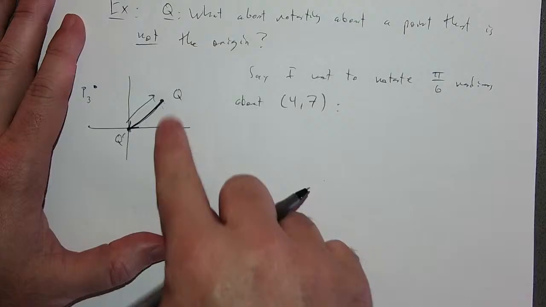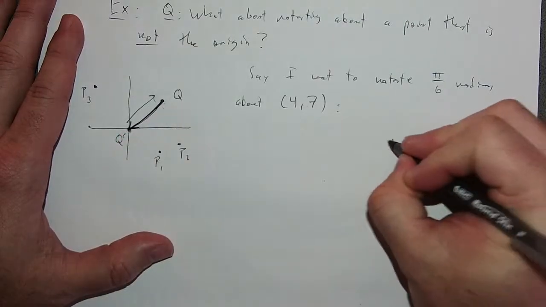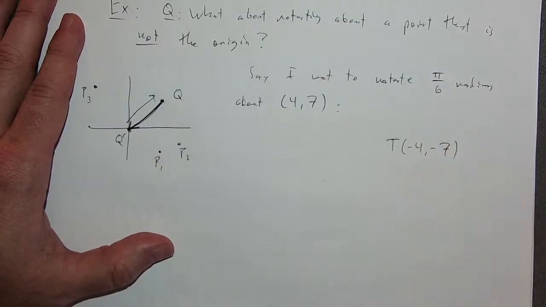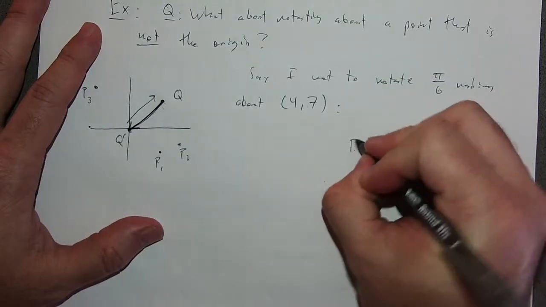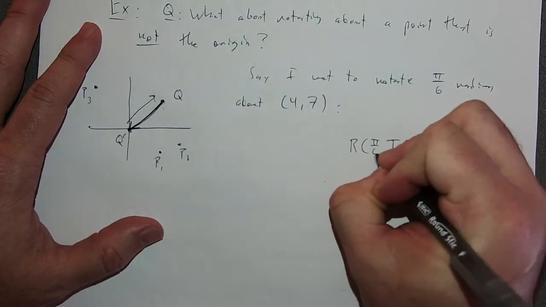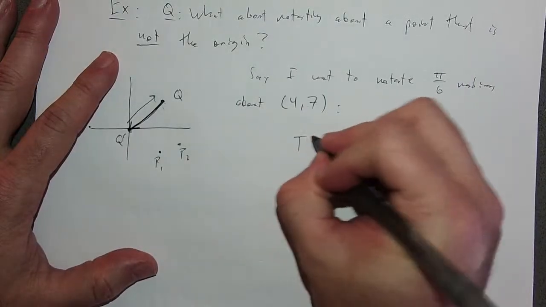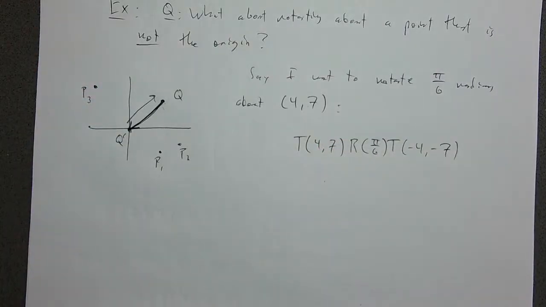I first translate from (4, 7) to the origin. To do that, I translate by the vector (-4, -7). I then do my rotation. I then translate back, which is translation just by the original vector itself.